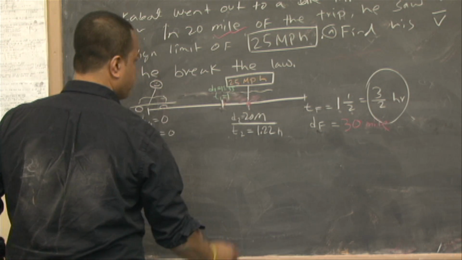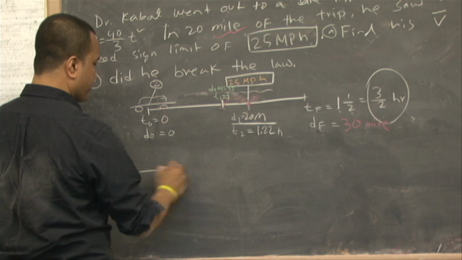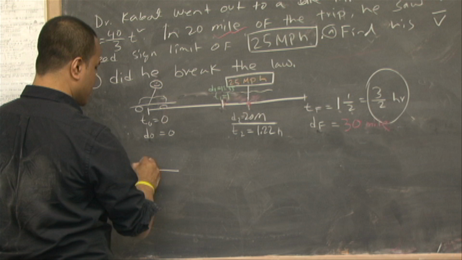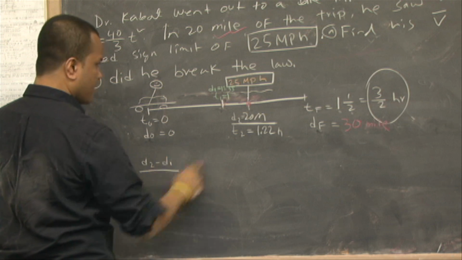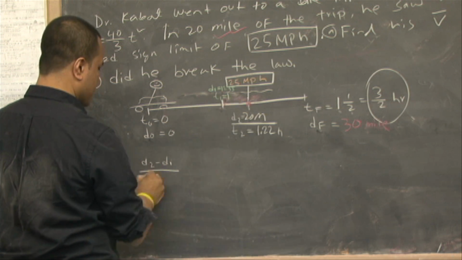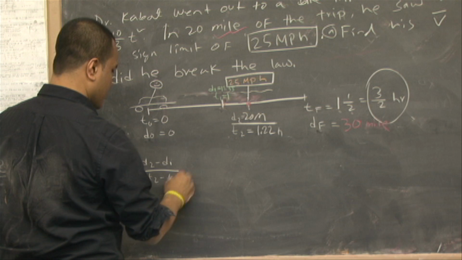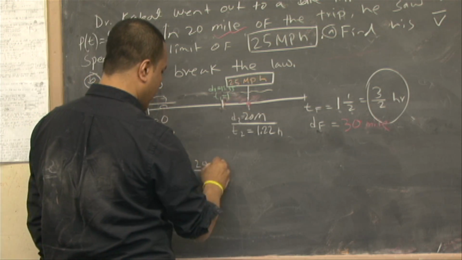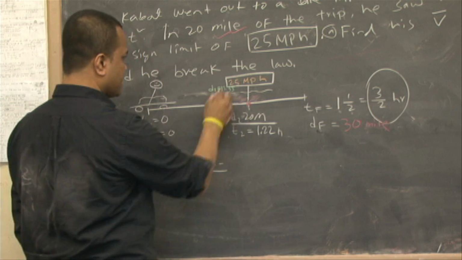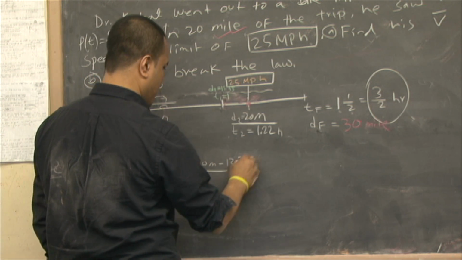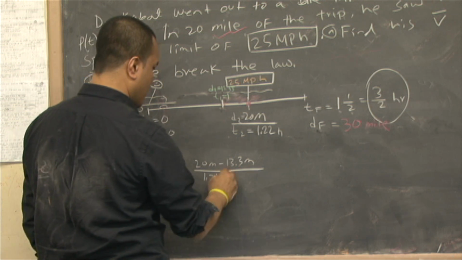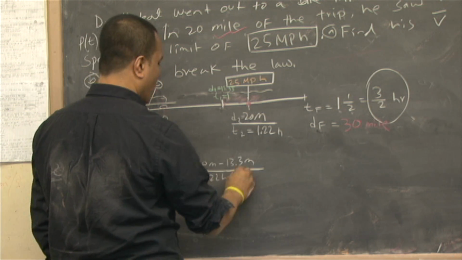All right, so let's see. This is D2, so D2 minus D1 over T2 minus T1. D2 is 20 miles and D1 is 13.3 miles. T2 is 1.22 hours and T1 is 1 hour.